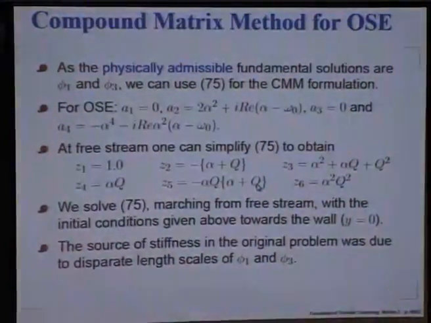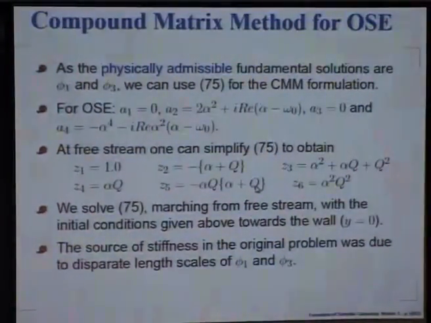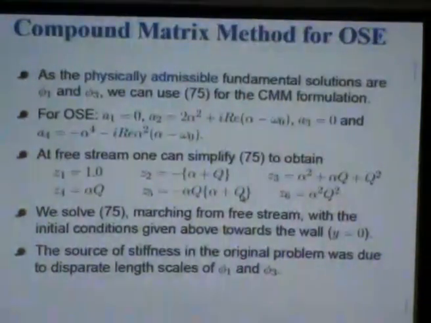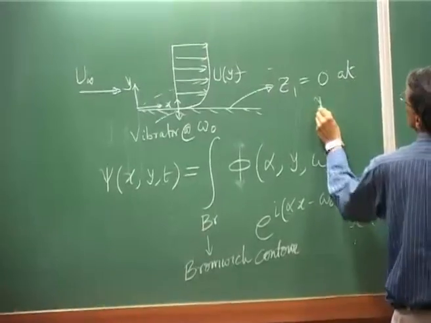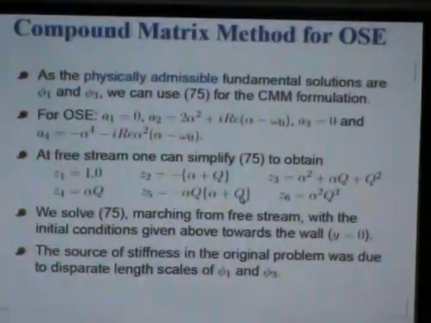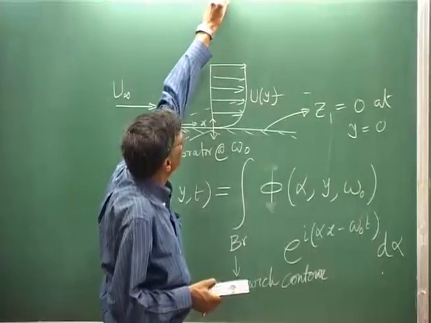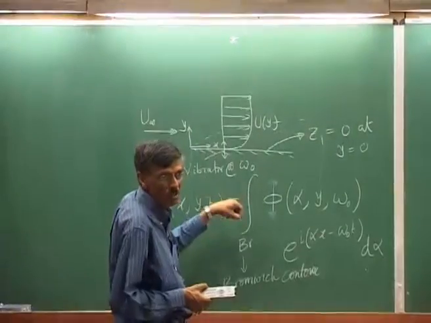The methodology for solving this problem is the following: your dispersion relation is that Z1 equal to 0 at y equal to 0. So, what we try to do is start the solution from far away in the free stream, and then we march downwards.